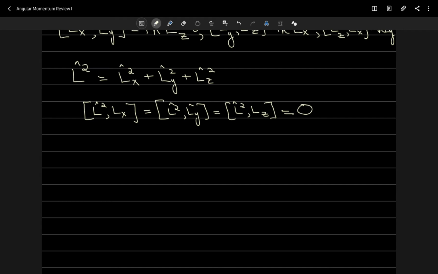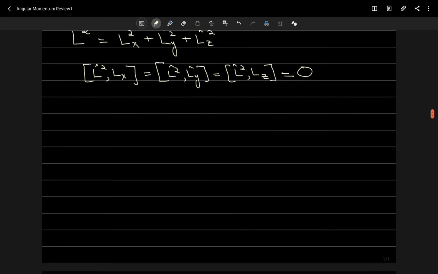Now, it is rather more convenient to express this Lz and L squared in spherical polars, right? Which are your r, theta, and phi. And these spherical polars are actually related to your Cartesians x, y, and z. And these are for this position vector r, right?